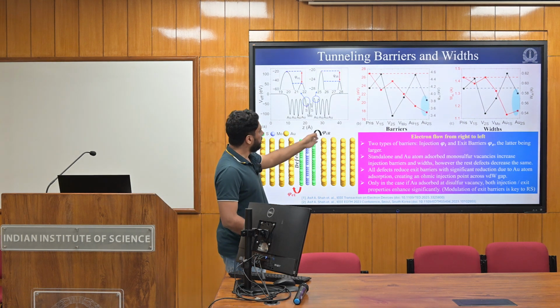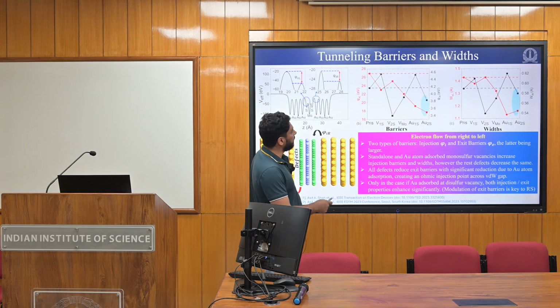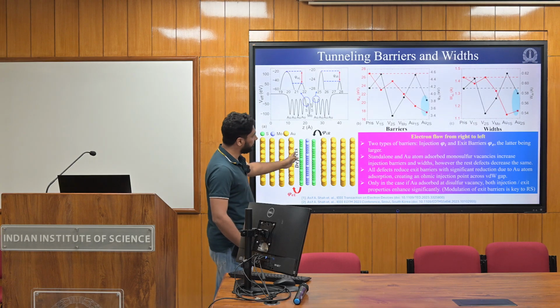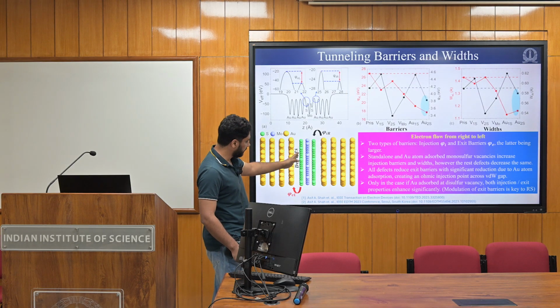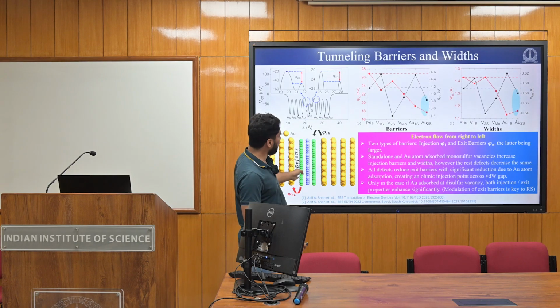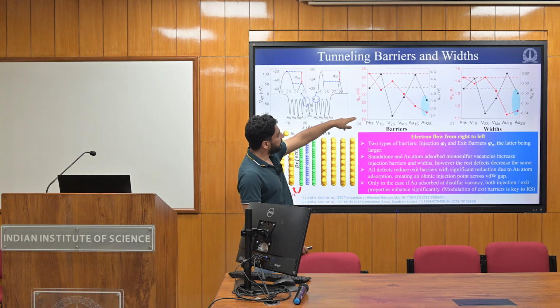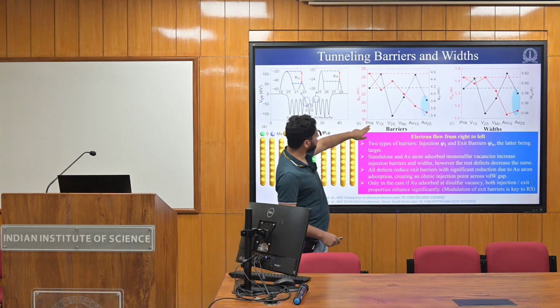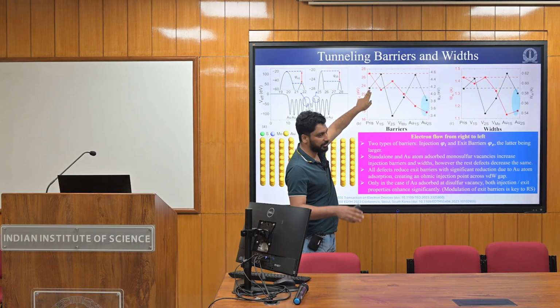barrier. And once I calculated this, you can see that whenever you have a defect at one of these interfaces, the electron injection gets poor when you have a monosulfur vacancy here. This case here is the pristine, the reference case.